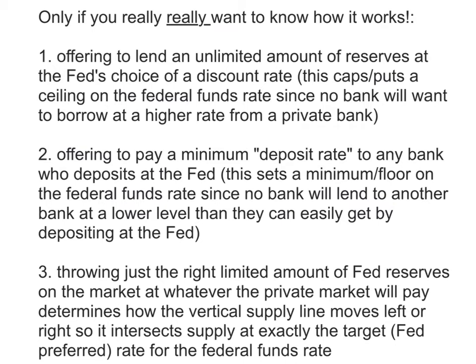If I can get 1% loaning to the Fed or putting money on deposit with the Fed, I'm certainly never going to offer to lend to a private bank at 0.5%. Okay? So the Fed, through the deposit rate and the discount rate, effectively sets the range that the market federal funds rate has to lie in.